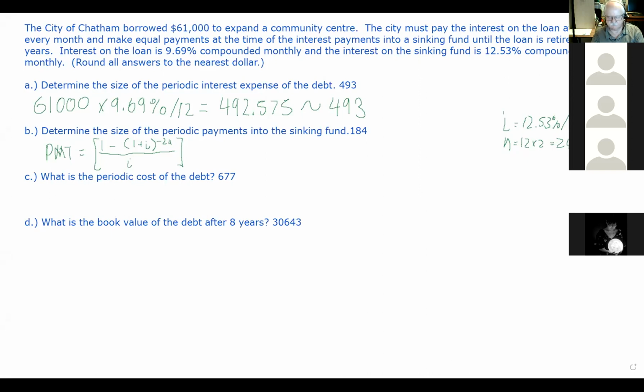Make that negative and go plus 1 divided by recall 1. And oh, I need a number in here. It's got to be times the payment.